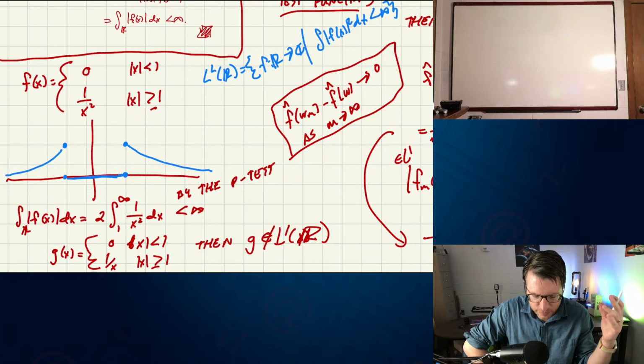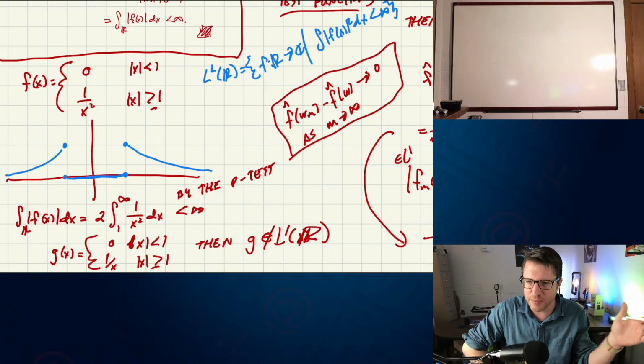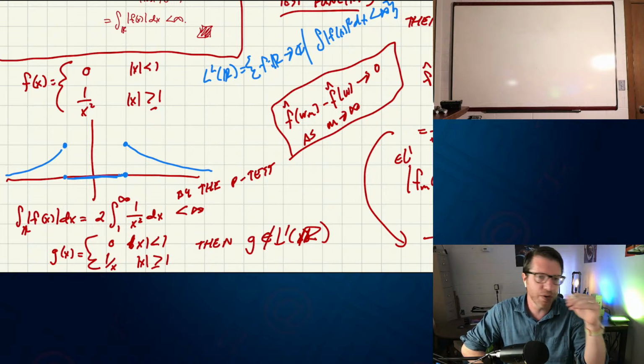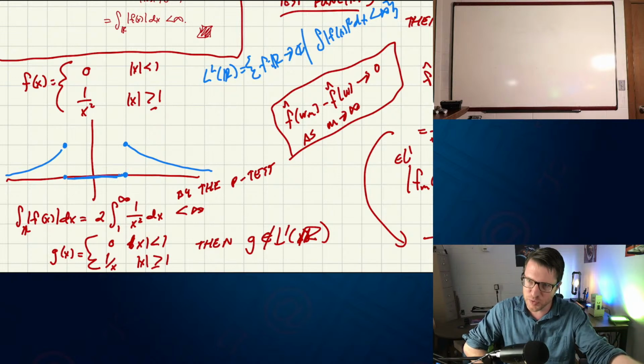Essentially, what we need is some sort of sideways method to get to the L2 Fourier transform. And to do that, we're going to show that the Fourier transform of Schwartz space functions are taken to Schwartz space functions.